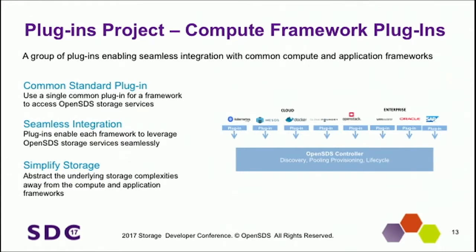But whether you're using Kubernetes or VMware, when you're dealing with storage, your view would be much, much similar. So you won't have to deal with storage in a different manner for different frameworks for the same storage. So that's basically the simplification of storage from the framework perspective.